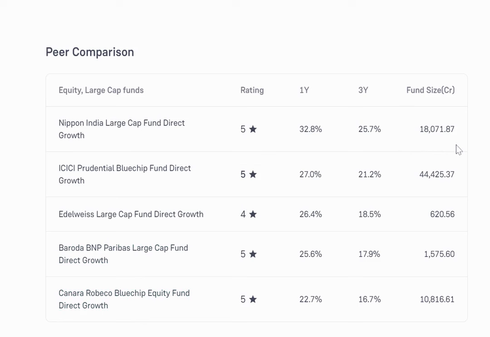The bigger the fund size, the more popular the fund is. You can check this fund which has a 620 crore fund size, meaning it is a newly growing mutual fund, recently established. These other funds have been growing for many years, so these are established funds. That's why the rating is also 4.